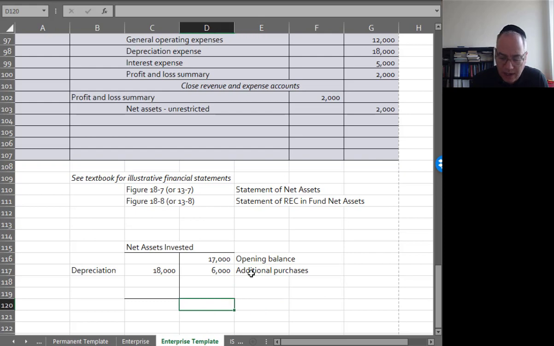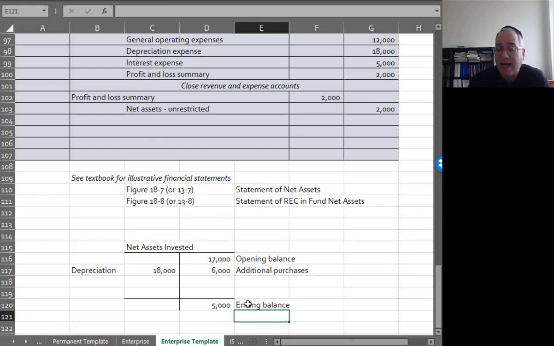Therefore, the closing balance would be $17,000 plus $6,000 minus $18,000, which comes out to $5,000, which means this needs to be adjusted down from the $17,000 opening balance to an ending balance of $5,000.